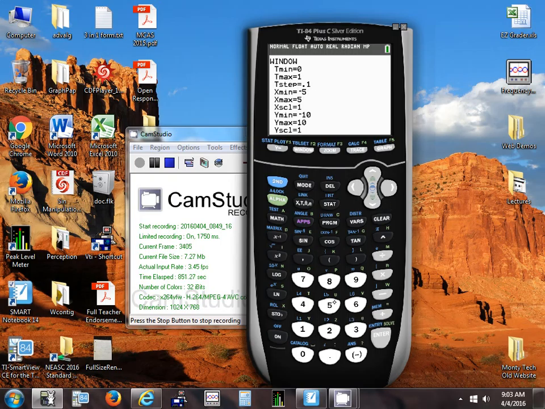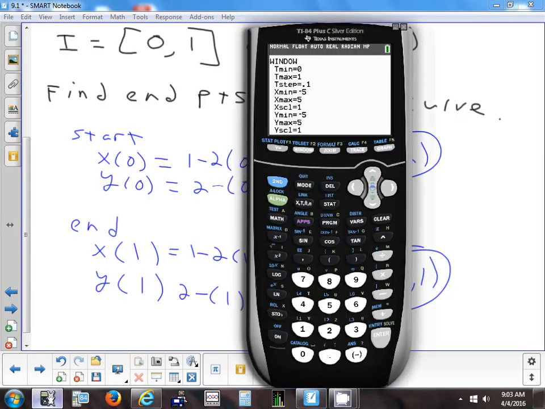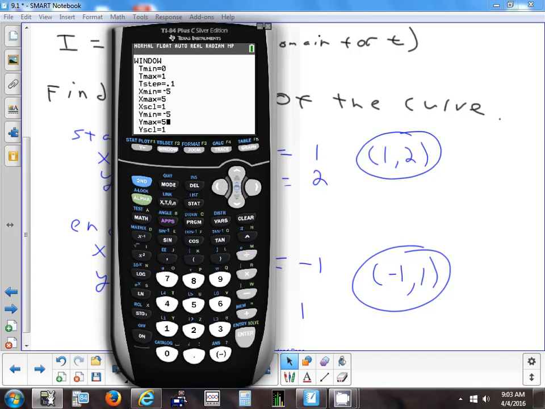Now, as you hit graph, I want you to watch the direction it draws it in, because that's something you can only see as it's actually sketching it. It should start at the point 1, 2 and head towards -1, 1. And it did. It started in quadrant 1 and went towards quadrant 2.